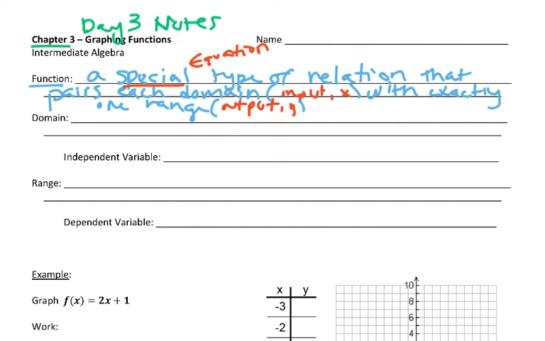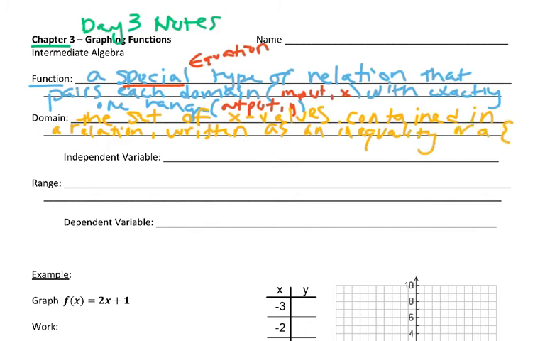So, domain are the set of x values contained in a relation written as an inequality or a list.